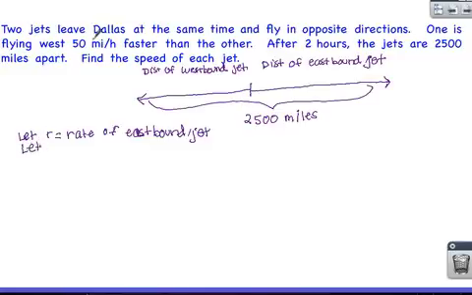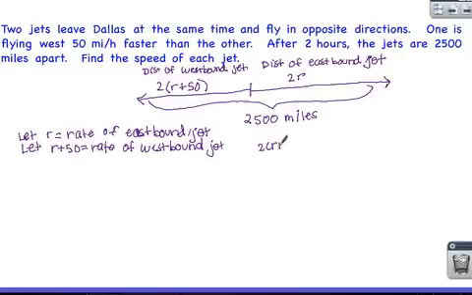And the jet flying west travels 50 miles per hour faster, so let R plus 50 equal the rate of the westbound jet. So the distance of the westbound jet is 2 times R plus 50, and the distance of the eastbound jet is 2R.